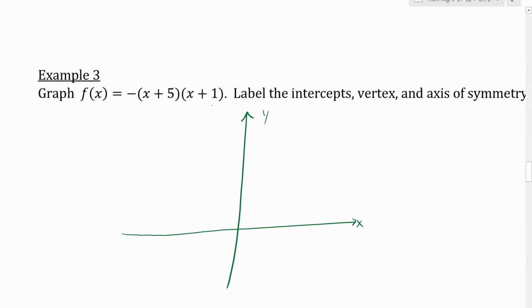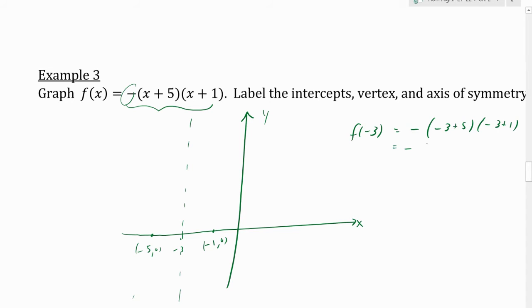Okay. All right, so this one. When does that equal 0? At -5 and -1. It opens down. It's just a regular old size one. What's halfway between -5 and -1? -3 is. So that's going to cut it down the middle. If I plug in -3, we'll be up 4.